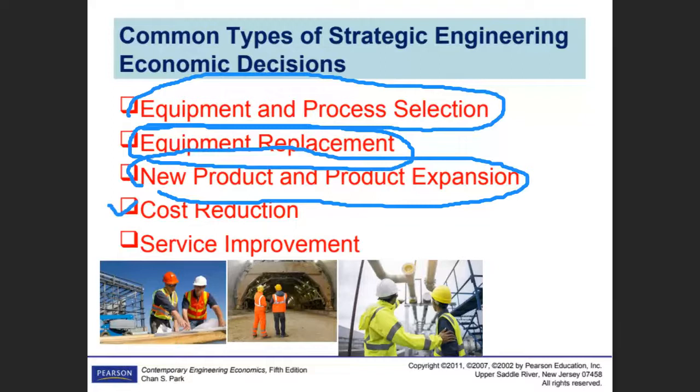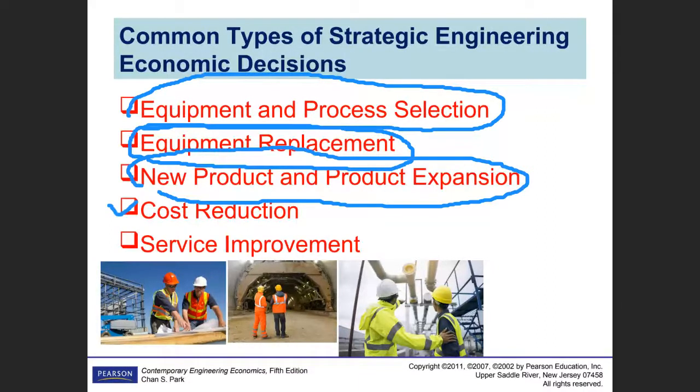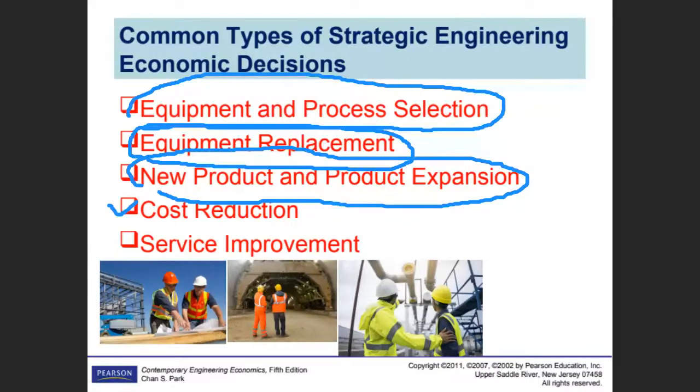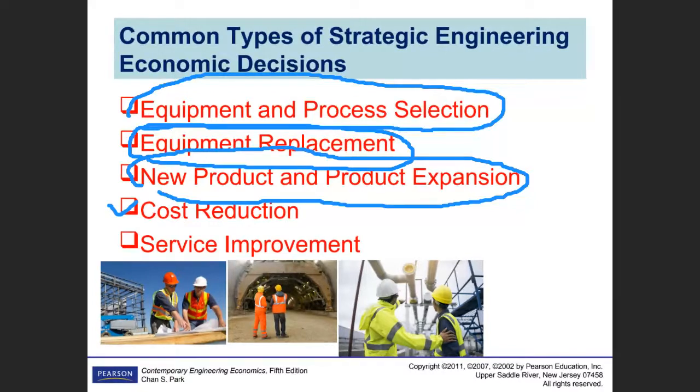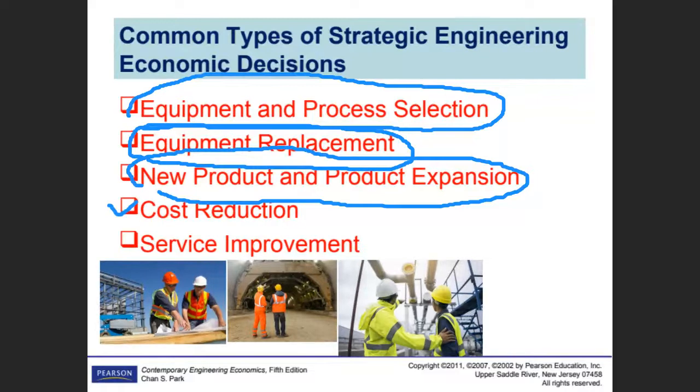How can we reduce the cost? Okay. You have to give an idea whether you need to purchase a new machine, or change a material, or train the employees because there was a lot of material wastage, right? So you are the one, as an engineer, making these decisions.